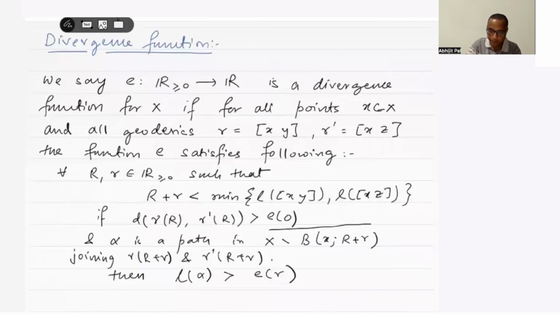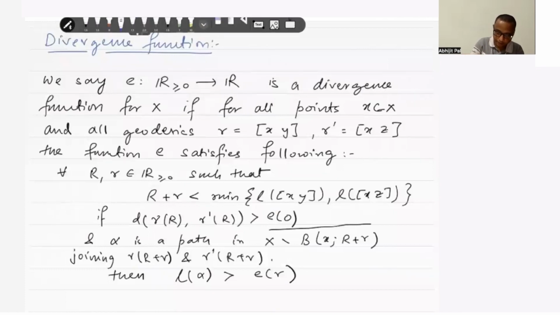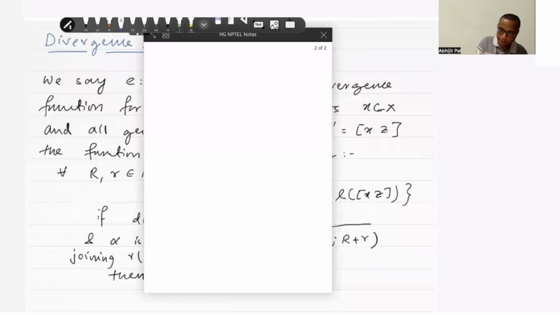So let us see what happens in Euclidean space. Let us take the Euclidean plane with the Euclidean metric.